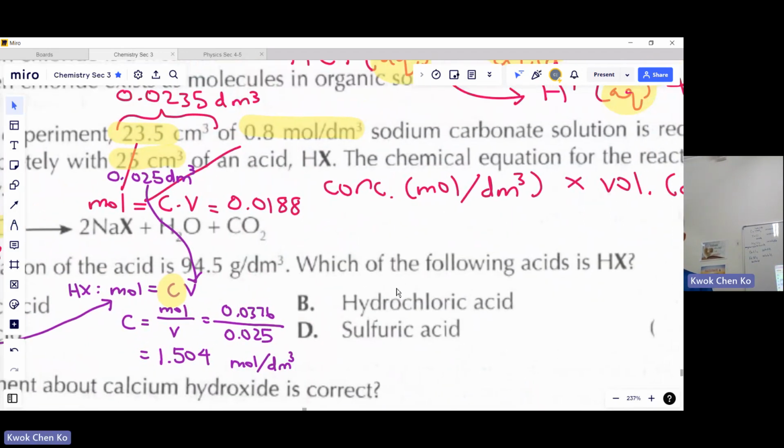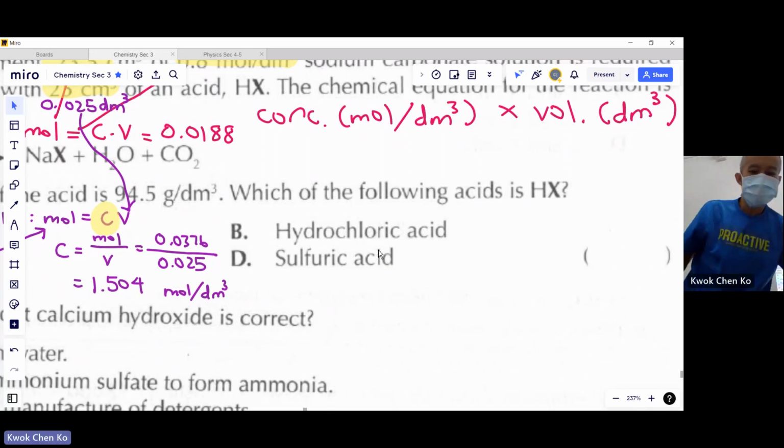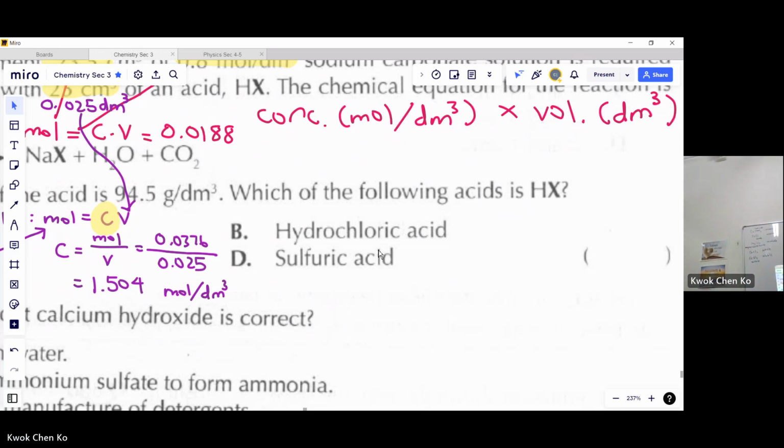Remember when I did concentration with you guys, there's one more formula. Well, actually a few more. Come, I'll write them out for you here. Whenever you see aqueous solutions, there are 3 formulas you need to use.